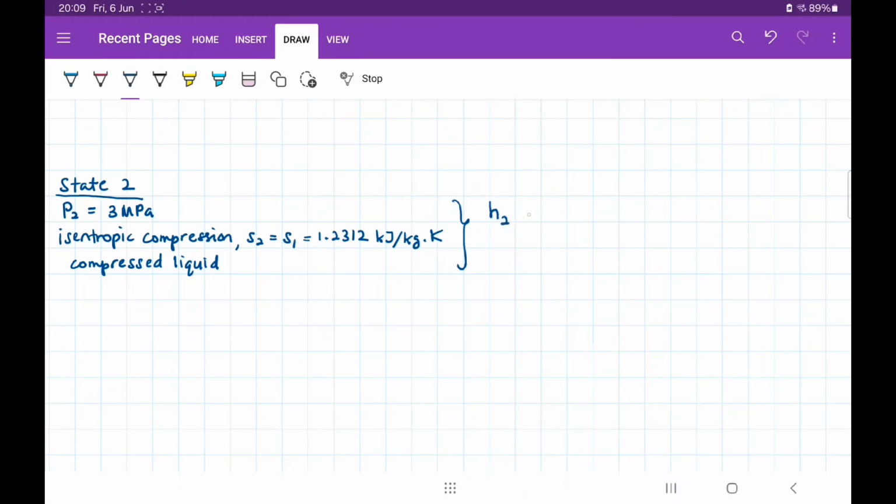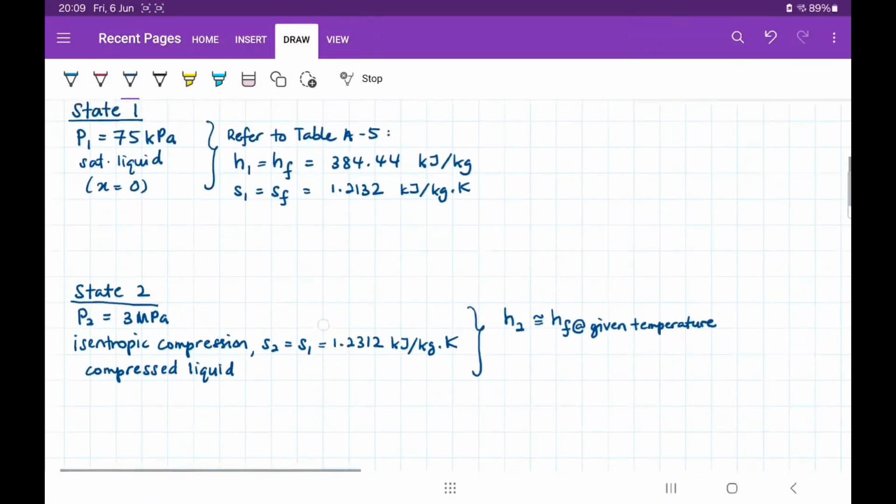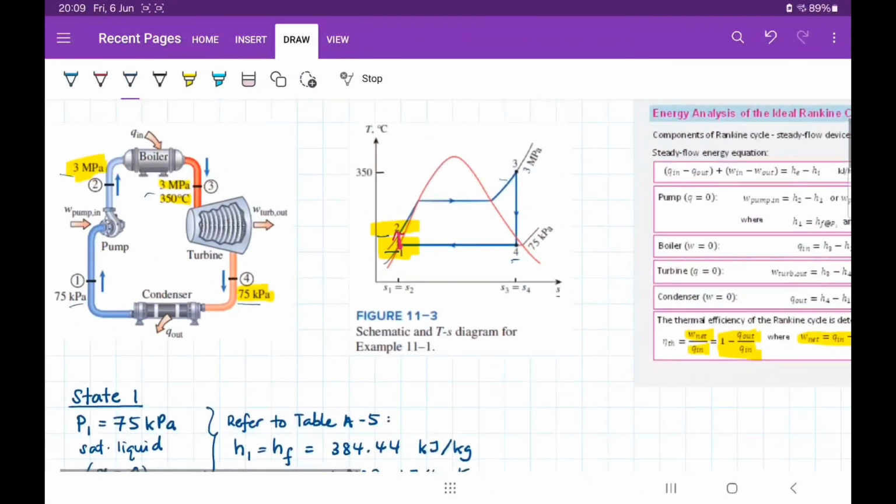Your entropy at point 2 can be approximated to the entropy of a saturated liquid at the given temperature. In this case, when we look at our question, we don't have the temperature of the steam entering the boiler, so we don't have enough information to look at the temperature table.